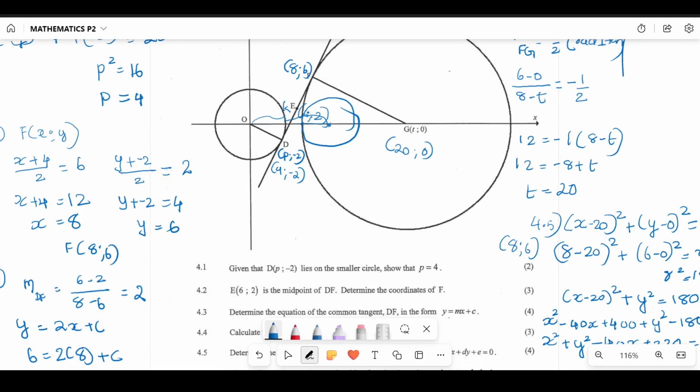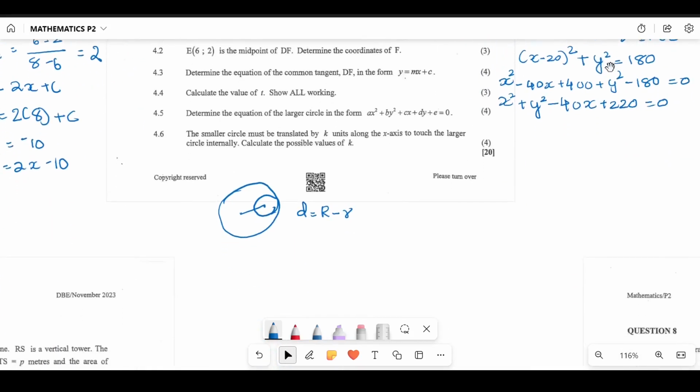So we can use the same result: the distance between the centers is going to be the difference between the two radii. Do we have the two radii?